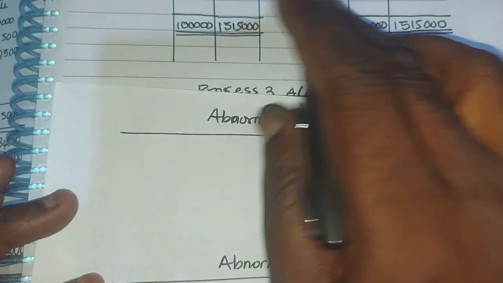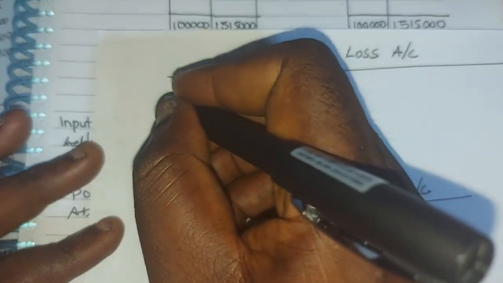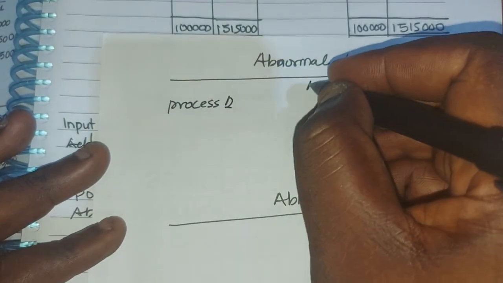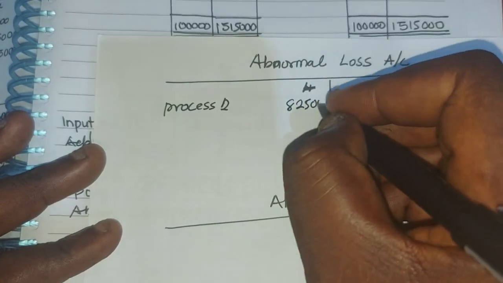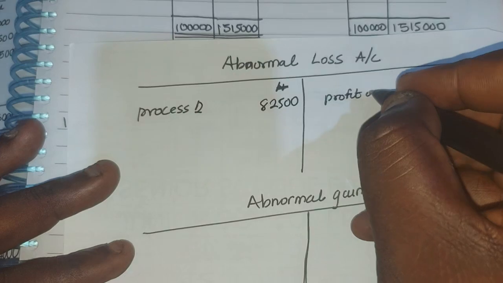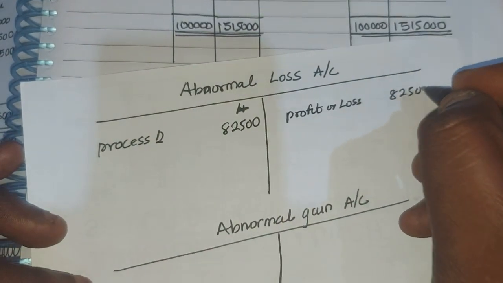You have credited the process account, then you will debit abnormal loss and say process 2. So the process 2, how much? The value. Then you close it up to profit or loss account, 82,500.